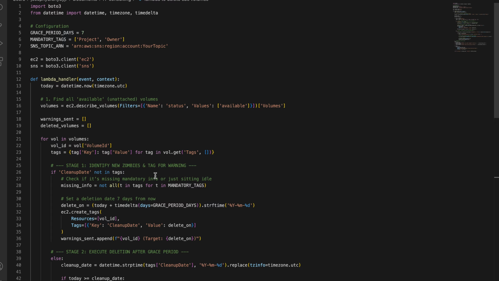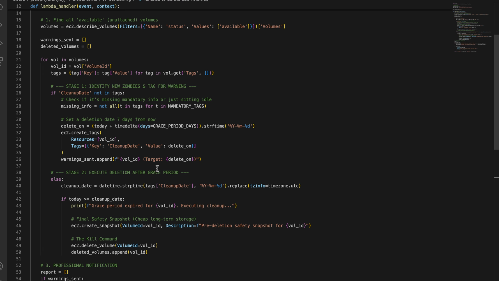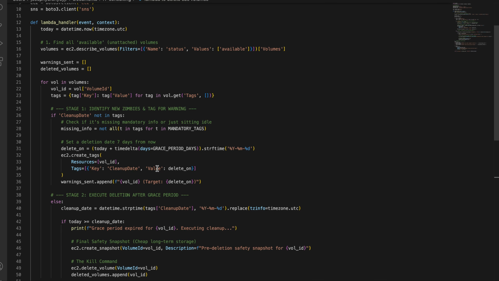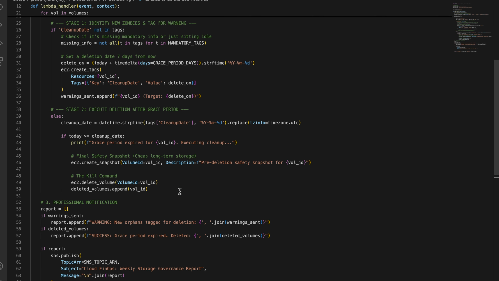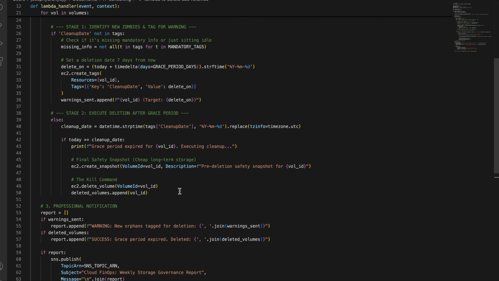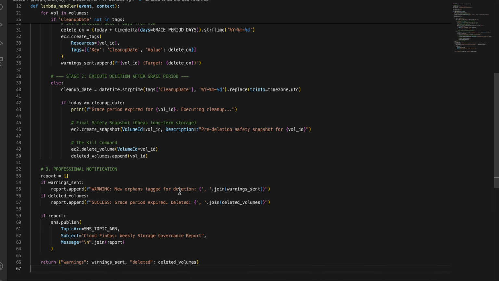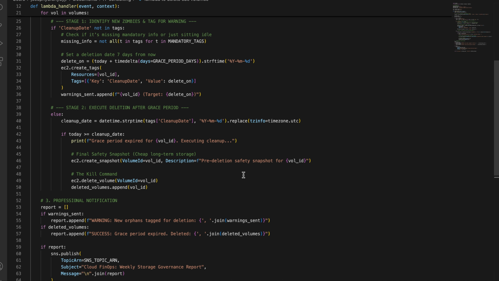So if you look at stage 1, based on criteria like tags and the owner, you identify what the zombie resources are. Once you identify them, you delete them. But before deleting, you do some kind of SNS notification to tell people, okay, this is what was identified, and in 7 days it's going to be deleted.